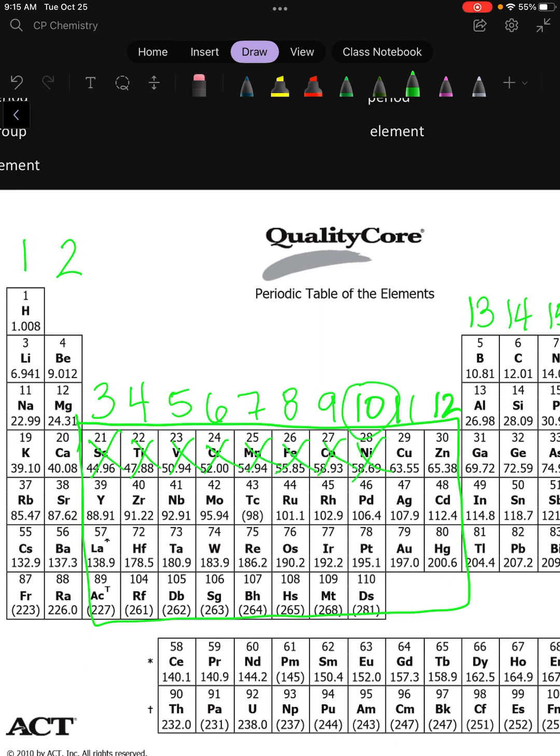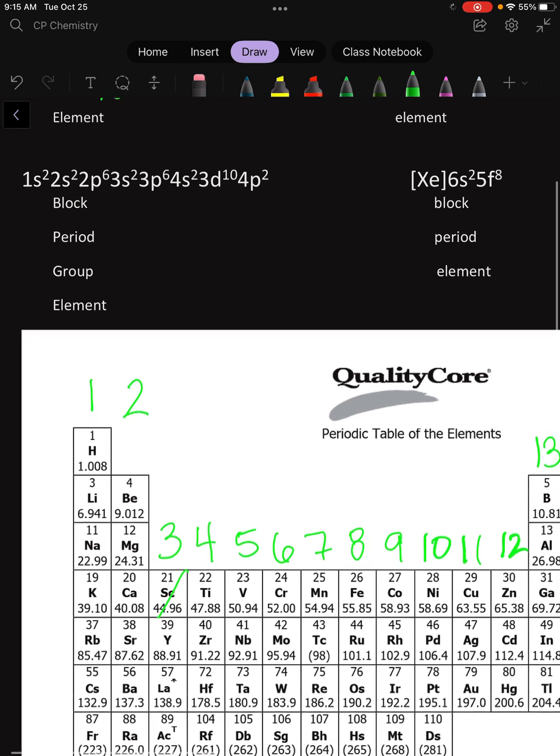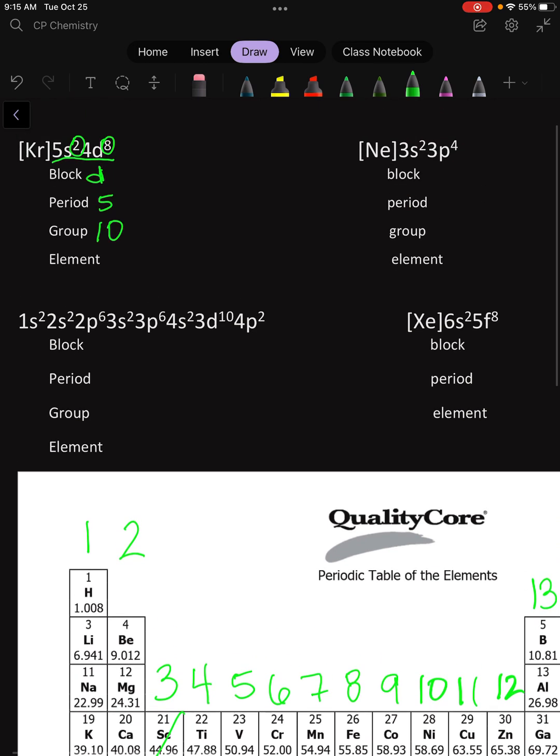So we're in group 10. Or if you know that the S is the first 2 groups, and the D starts at group 3, you could add those 2 coefficients together, the 2 and the 8, and that is your group.